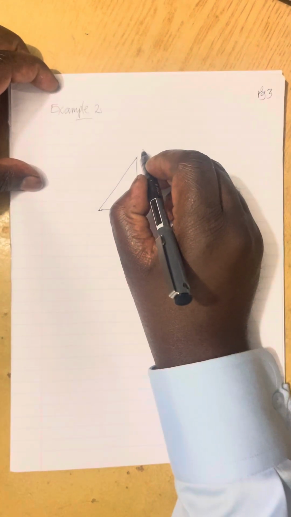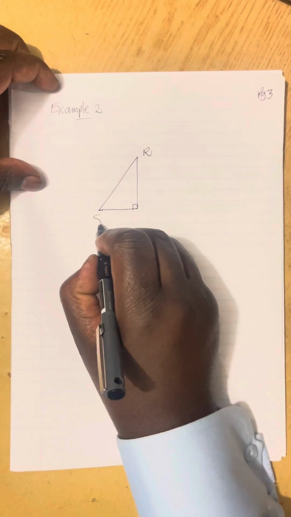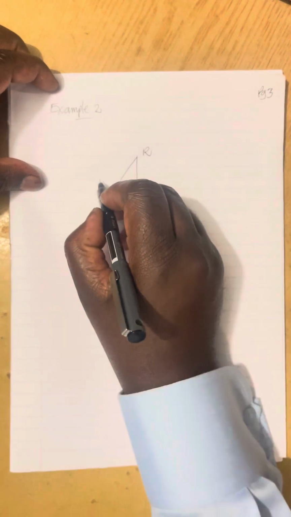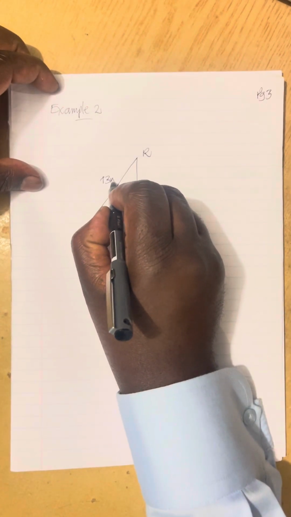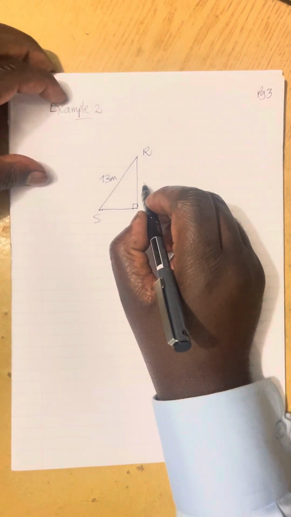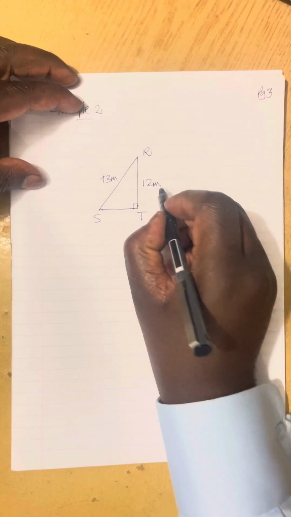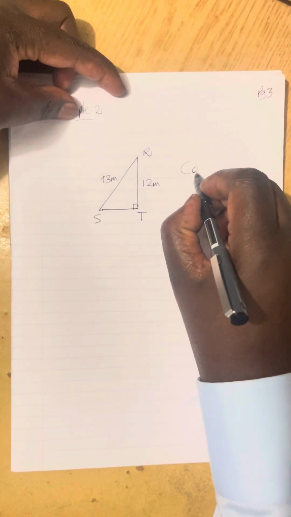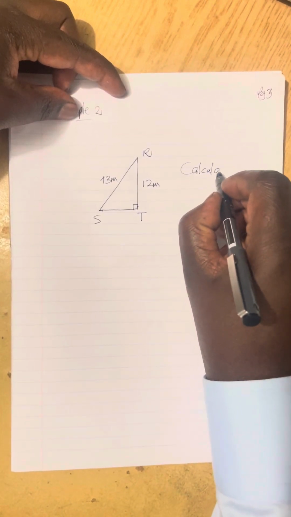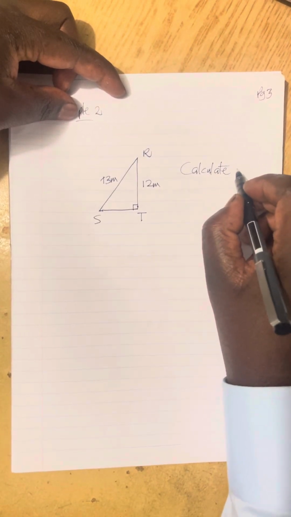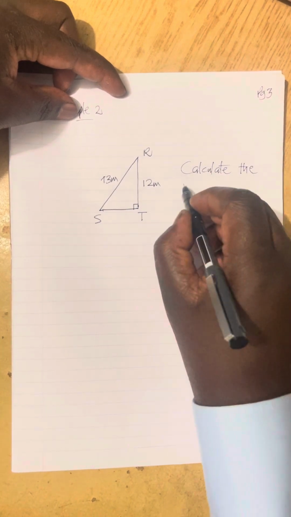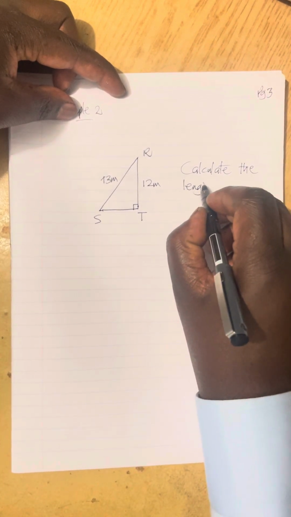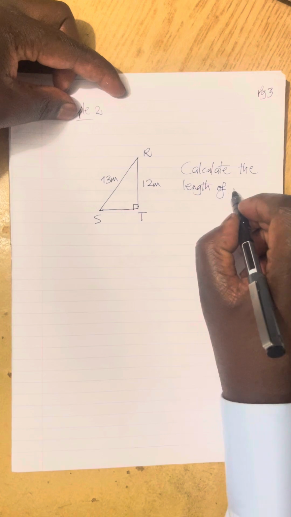You're told this is R, S, T, and this is 13 meters, and this is, let's say, 12 meters. The question is: calculate the length of ST.